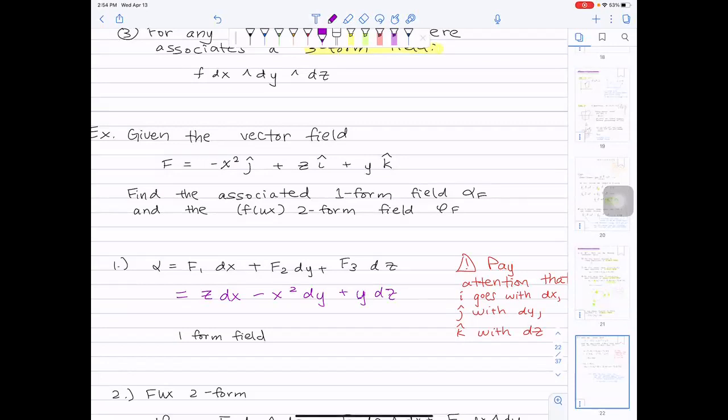Wait, I'm confused. So the zero form is a scalar function. What does that have to do with the f1, f2, f3? It's separate, so that's why I drew a line. So you have a scalar function f, which is a zero form. If you took the derivative of f, that gives you the one form.